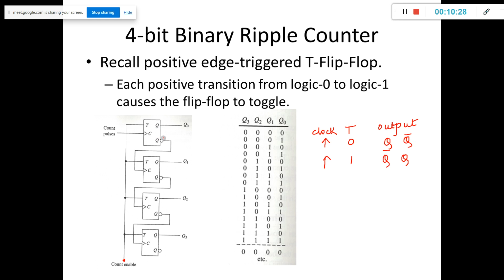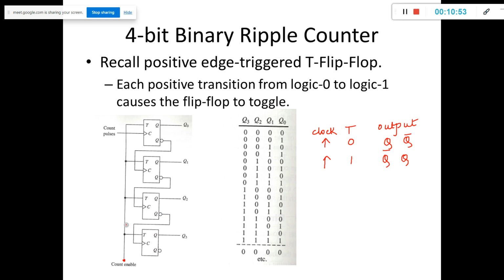One observation you should make here is that Q bar is connected as an input to the clock of the next flip-flop. Here also Q1 bar is connected as an input to the clock of the next flip-flop. Similarly, Q2 bar is connected as an input to the clock of the next flip-flop.